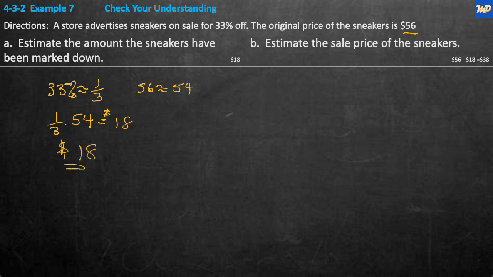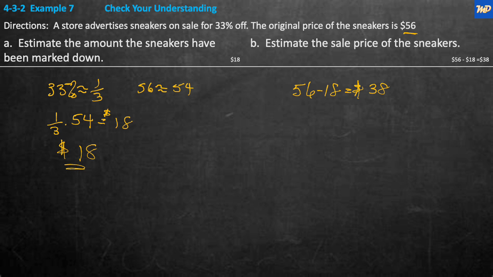Okay. So now that we have $18 off, what is the actual price? Well, the actual price being an estimate here, right? Because we've got the $18 based on the estimated $54. But we can still say that 56 was the original price, and we're going to subtract 18, and we're going to end up with $38 as approximately the price.